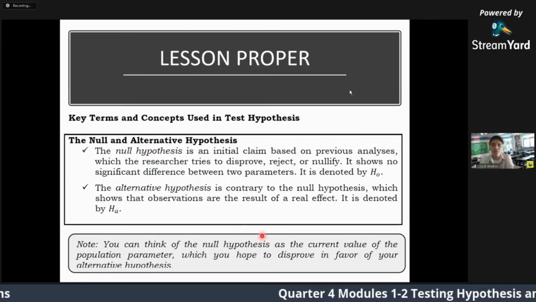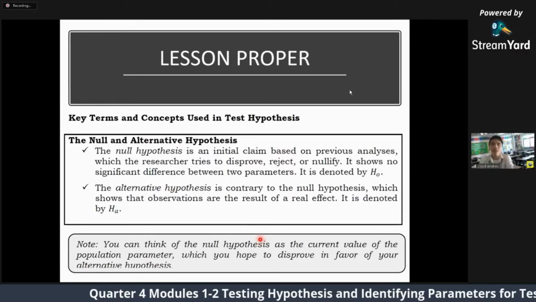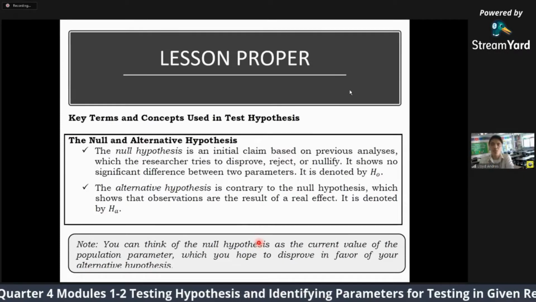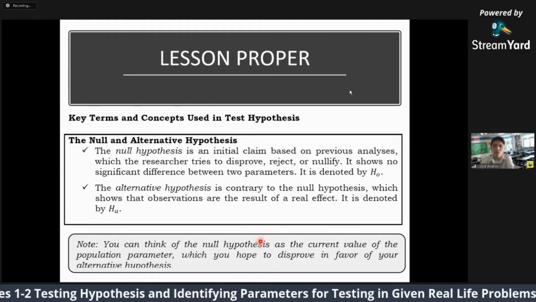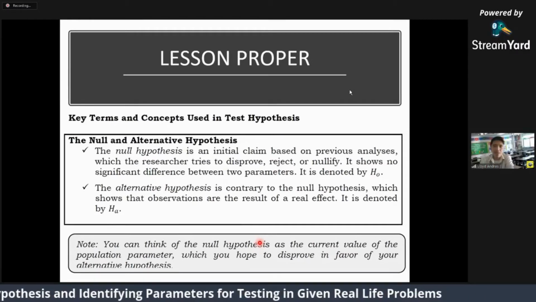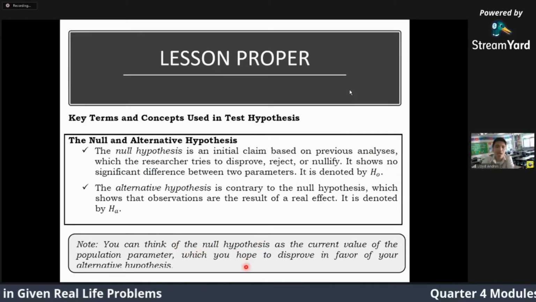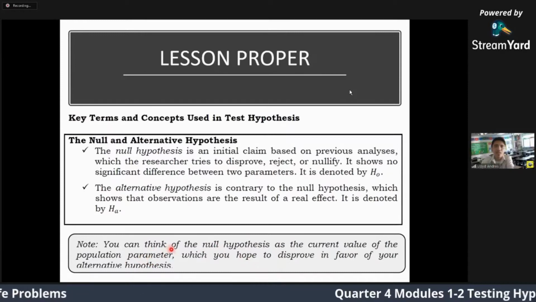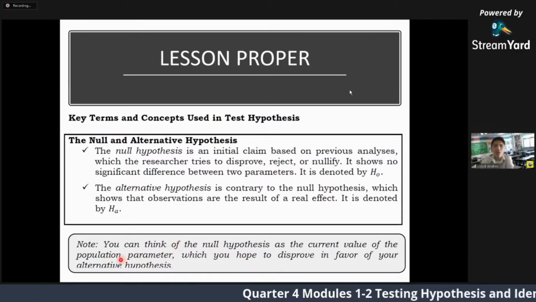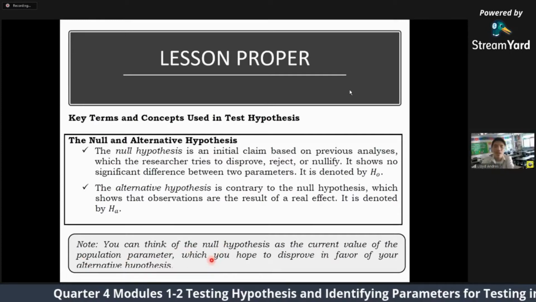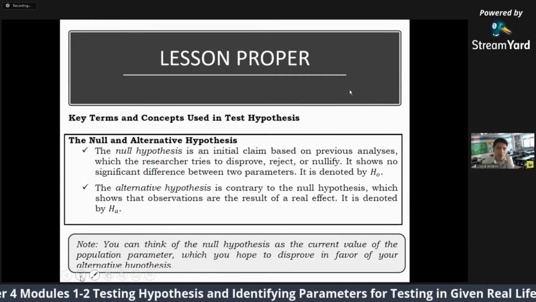So, ang alternative is katong na ay significant. So, ang null, mao to ang i-disprove nimo kay hopefully ang imong ginabuhat mao is magbutang kag fertilizer para mas utaas siya, kumbaga. So, mao nito imong i-nullify, imong i-disprove ang null hypothesis. Then, hopefully, ang alternative hypothesis ang ma-accept, kumbaga, sa imong experiment.